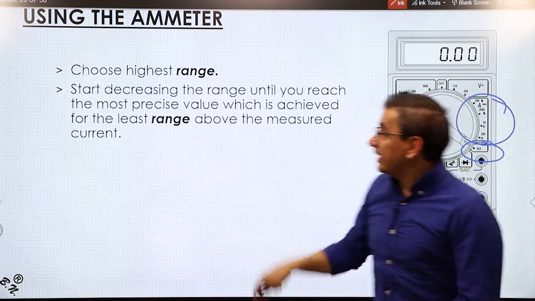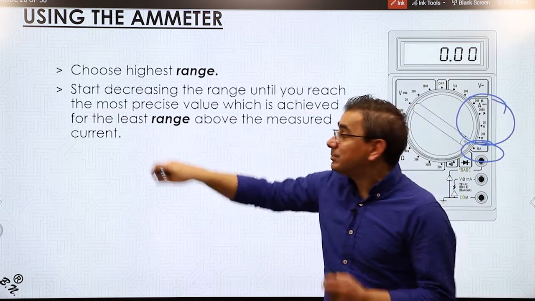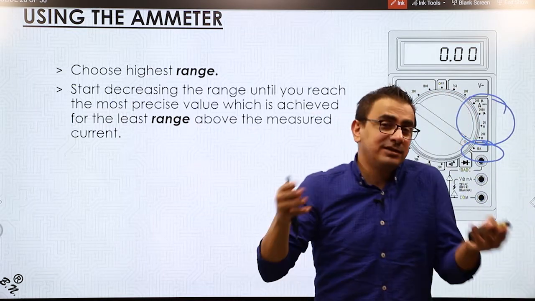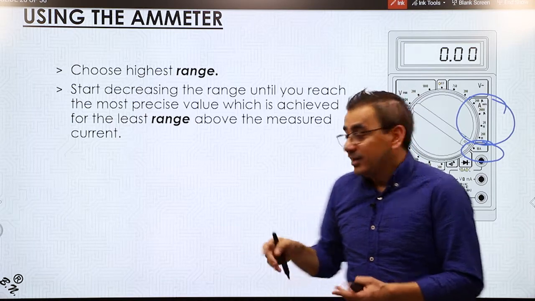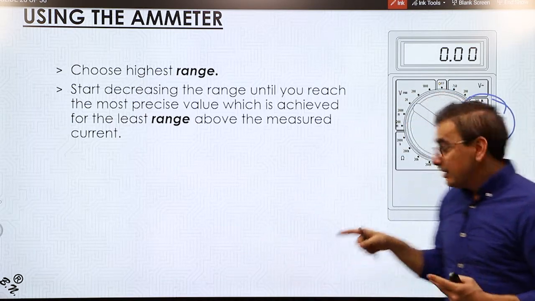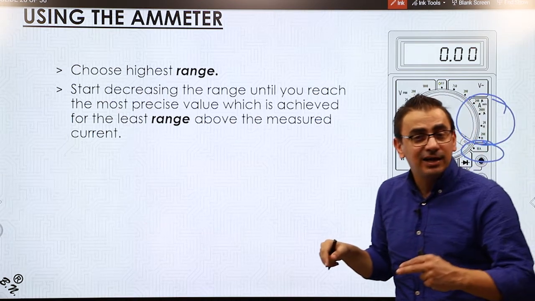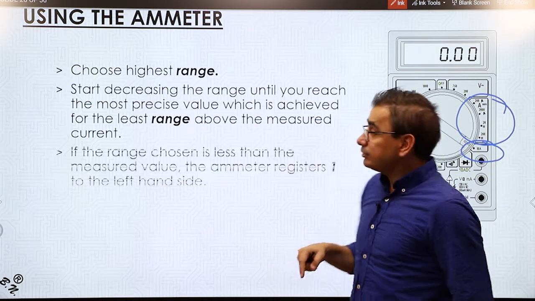Start decreasing the range until you reach the most precise value. But it should be a value, not a disappearing value. For example, if I'm reading 2 amperes, when I drop from here to 200 milliampere, which is less than that, it won't function anymore.